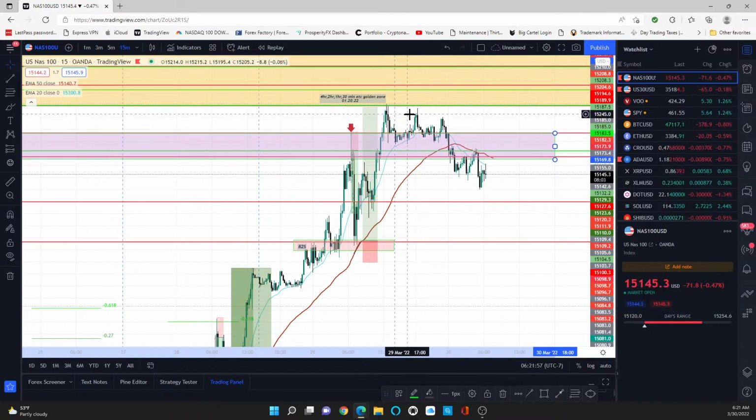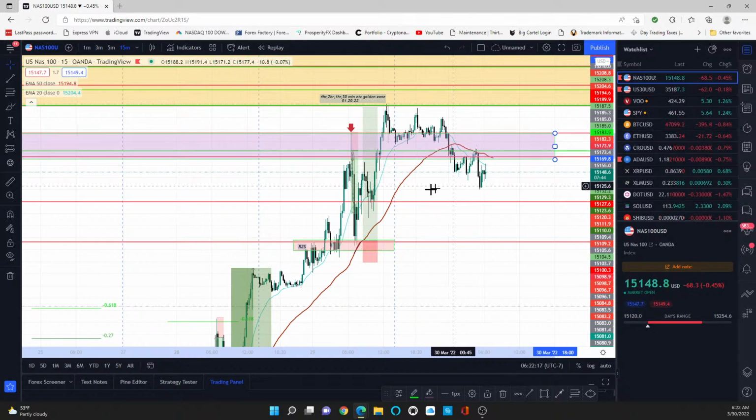Each is a lower high, lower than this high, lower than this high, and broke below this level that we took our sell off of yesterday. Now you could see the 20 EMA has crossed over the 50 EMA here on the 15-minute, and there are multiple rejections here. Boom, reject, boom, reject, boom, reject.